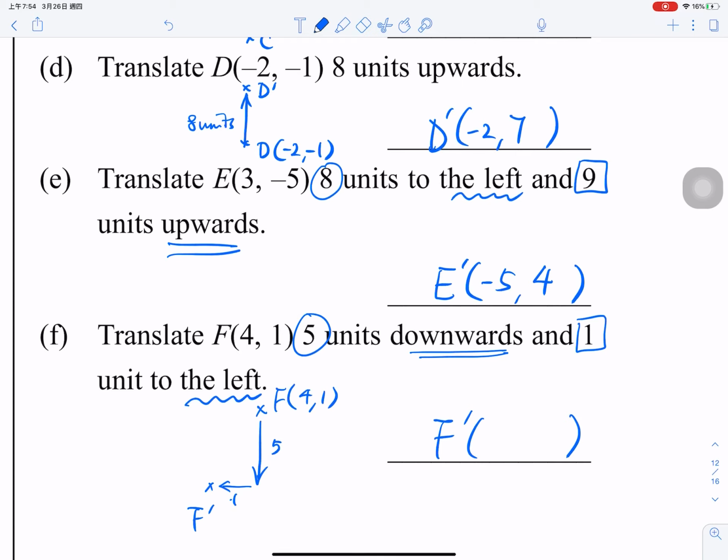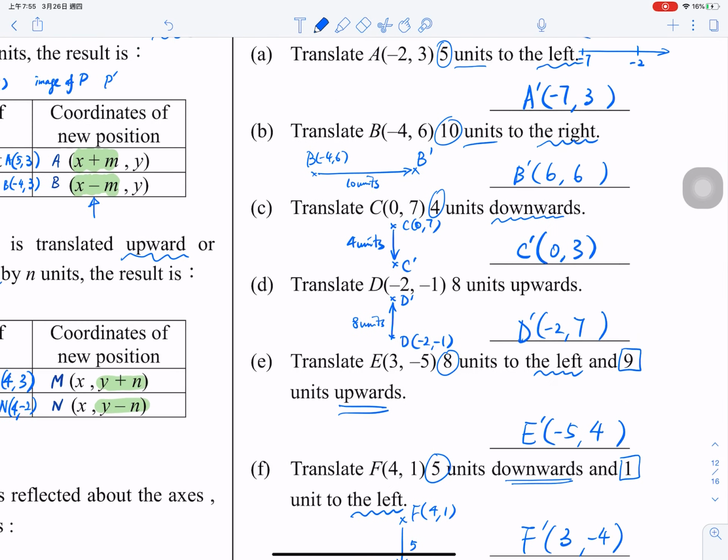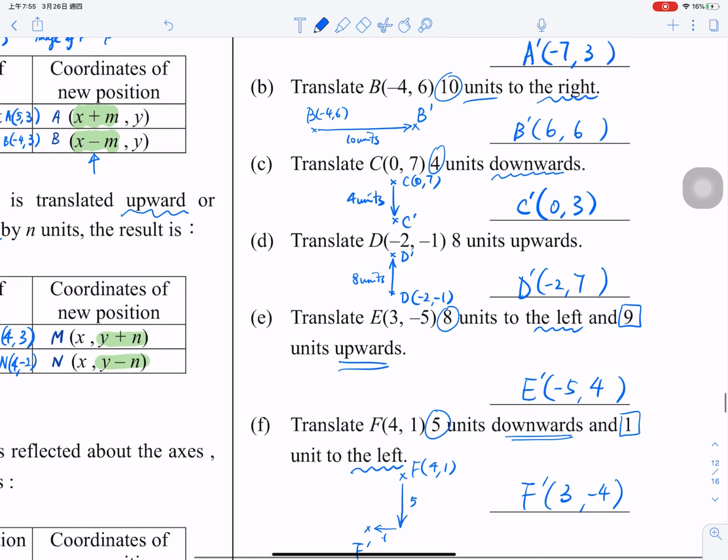Okay. Downward, that means affect y coordinates. So 1 minus 5. So it's -4. And then 1 to the left, that means 4 minus 1. So it's 3. So (3, -4) is the answer. Okay. So translation, I think, is easy for you to understand.